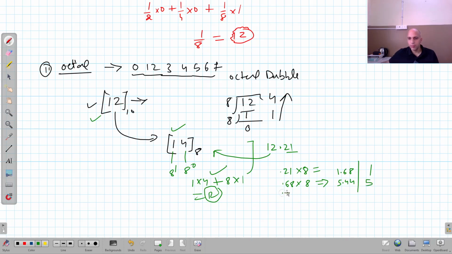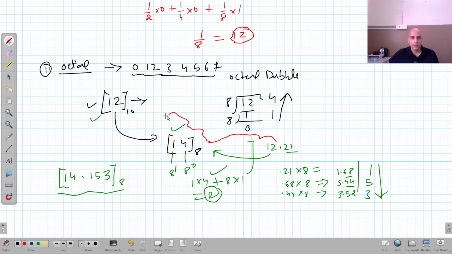Then 0.44, we have to consider only the fractional part into 8, right? So this is the 0.153 and 14, right? So this is the required number corresponding to this number in octal number system, right?